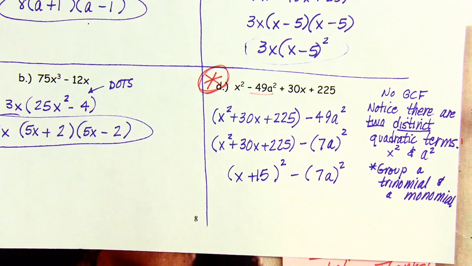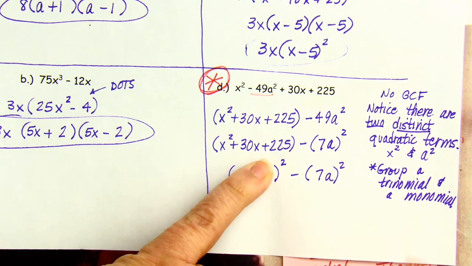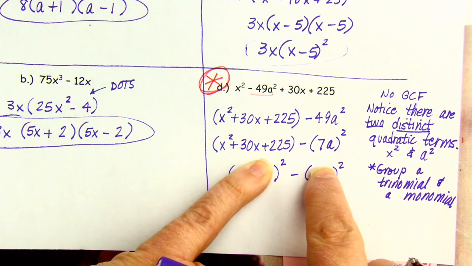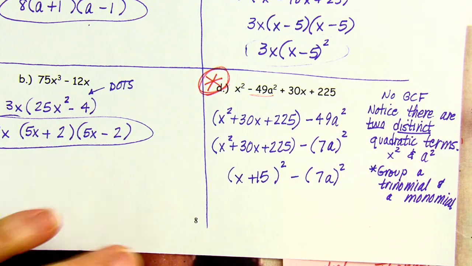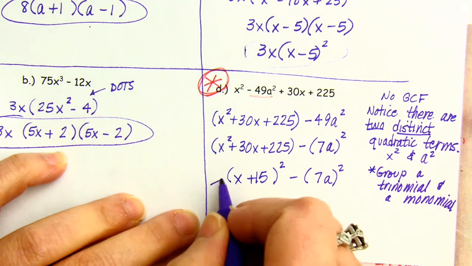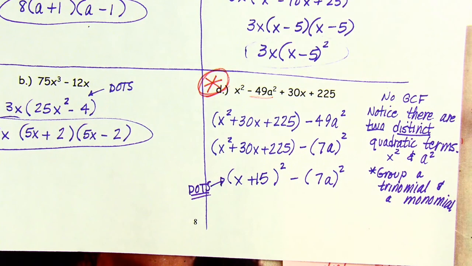And now what you should be seeing here is DOTS. It's a squared minus b squared. All right? So that's DOTS, D-O-T-S. Difference of two squares.